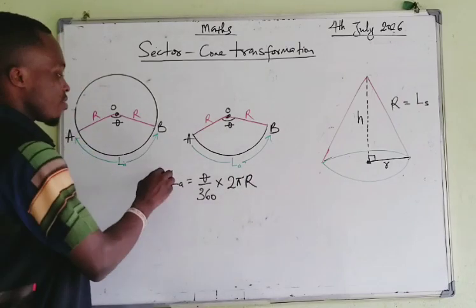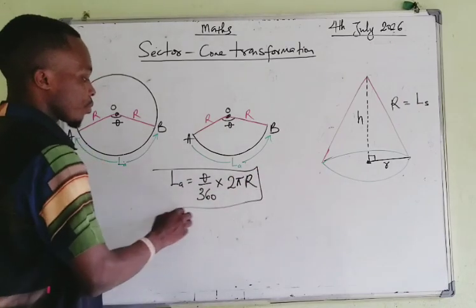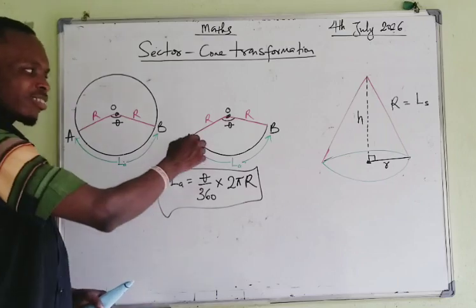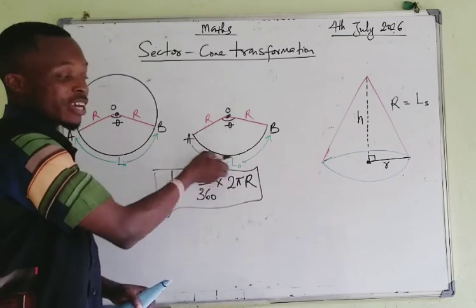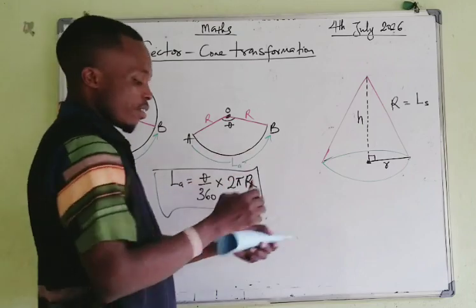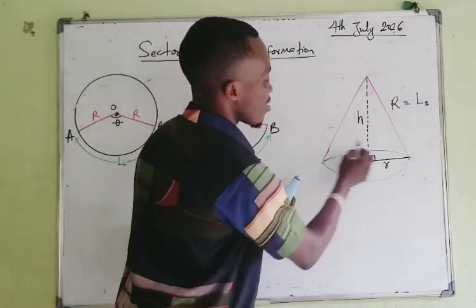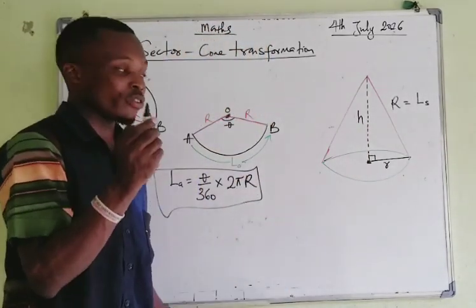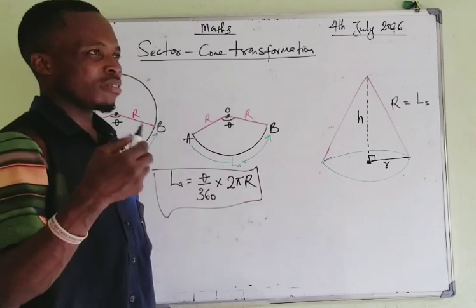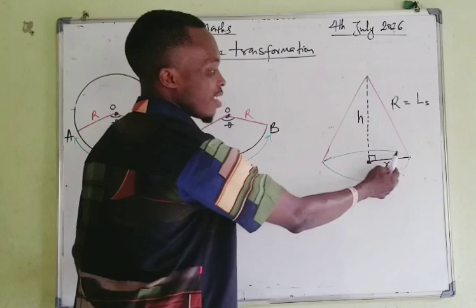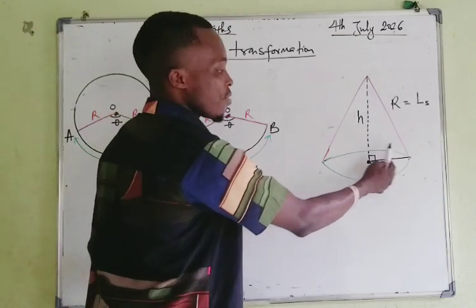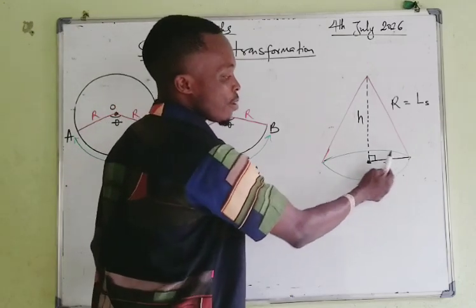Theta over 360 times 2 pi R. This length of the arc you see here in green color now becomes the circle of the cone formed. Everything here tends to be the perimeter of the circle.